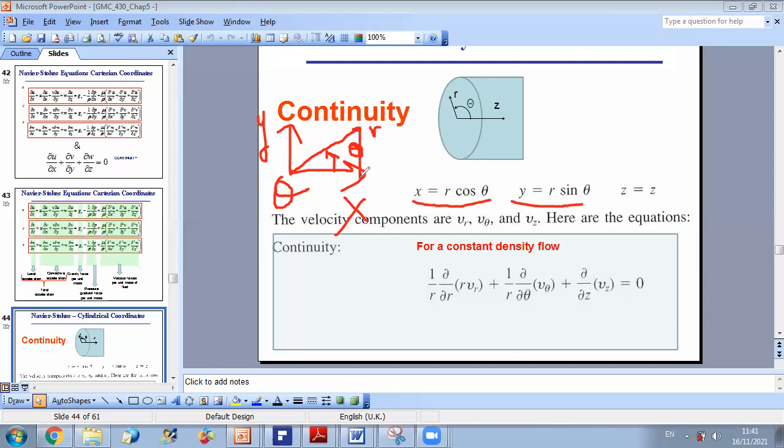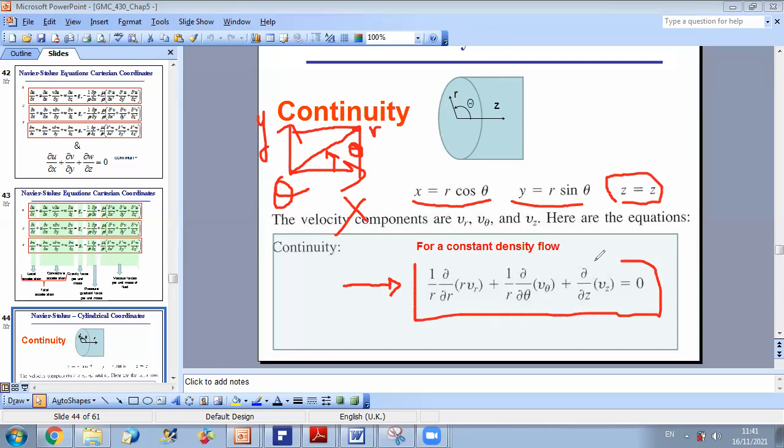If I project here, I get X. X is R cosine theta, and Y is R sine theta, while Z is the same for both planes. Okay, so now, in polar coordinates, I can develop a continuity equation. We have already seen this continuity equation for incompressible flow before.